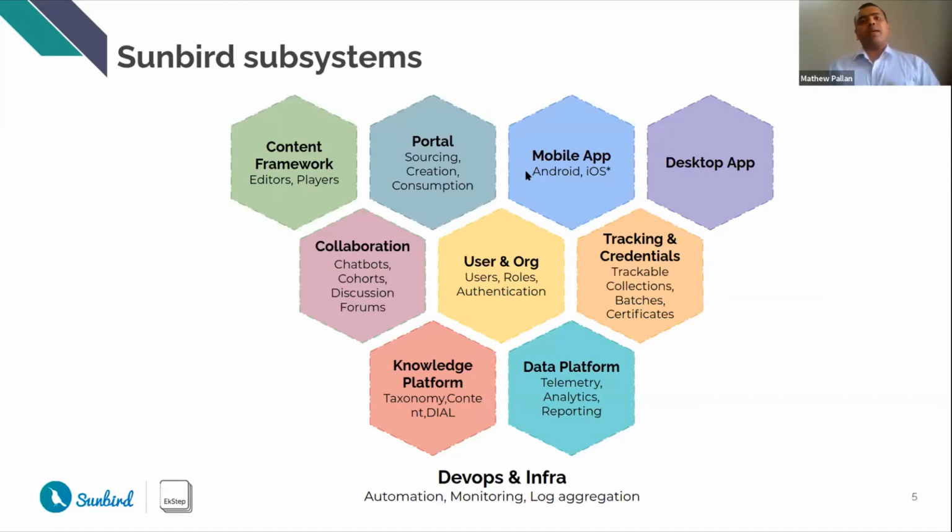And the top layer is an array of client tabs. We had a session by Santosh and Namrita on the reference client architecture. So we have a portal. We have mobile app and the desktop app for user consumption. And within the portal is embedded a content framework, which actually allows the creation and playing capabilities of content.